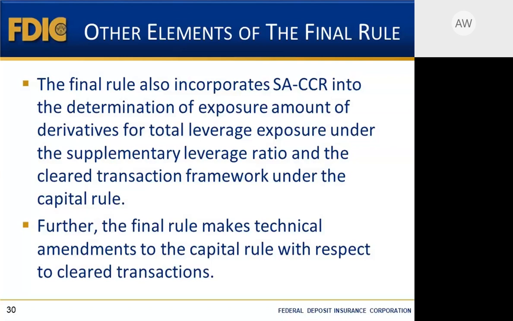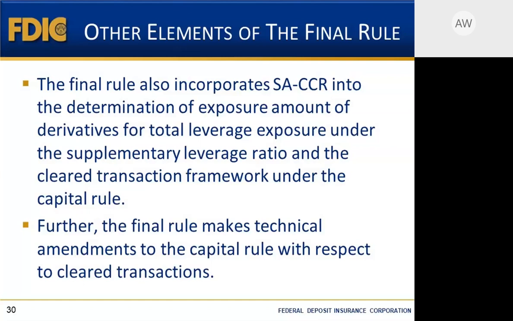You recall that recently the agencies finalized the so-called tailoring rule. So the capital rules, as we are looking at them from the derivatives standpoint here, will contain both SAM and SA-CCR and IMM.